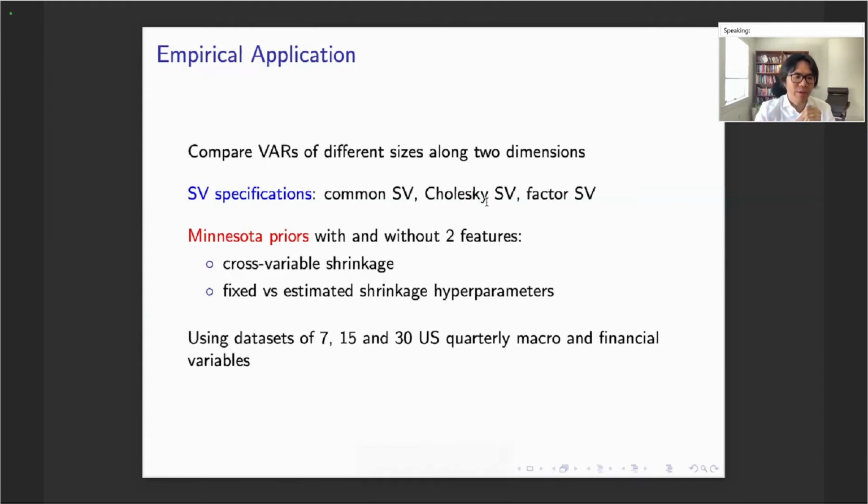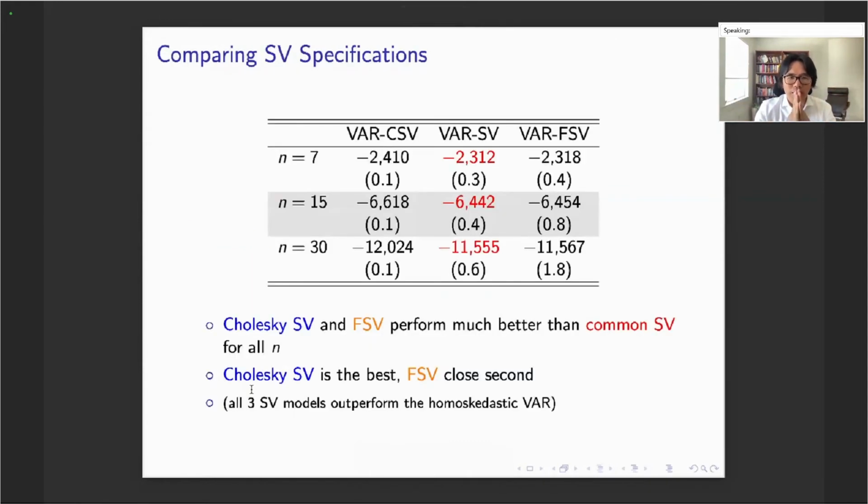And another added dimension I want to try is different Minnesota priors with or without these two features I mentioned in the first part of the talk, namely the cross-variable shrinkage, or whether you fix or estimate some of the key hyperparameters, the shrinkage parameters. And I use data of various sizes to try to figure out whether, if I have a small data set, I use one model or otherwise, right? So the results are here.